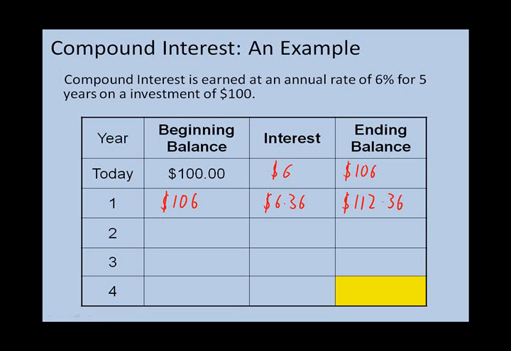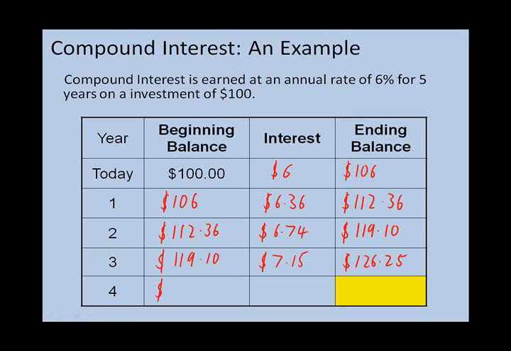If we go to the start of year 3, we start with $112.36, and now the interest payment is based on the $112.36, so we get $6.74, giving us an end of year balance of $119.10. And we can continue to fill out the table for compound interest.